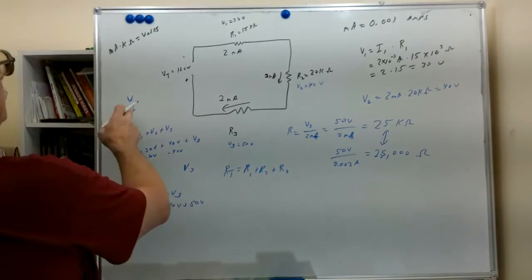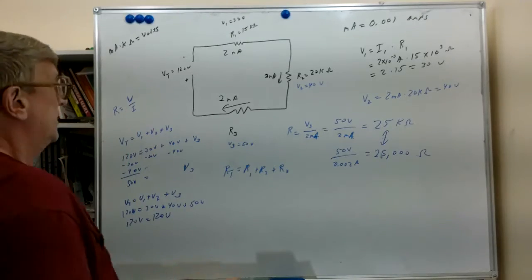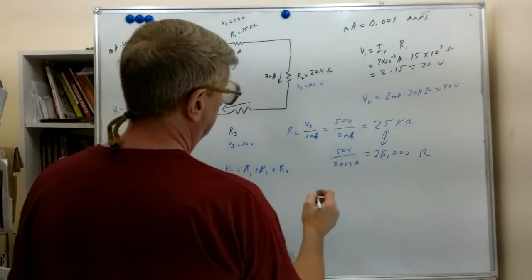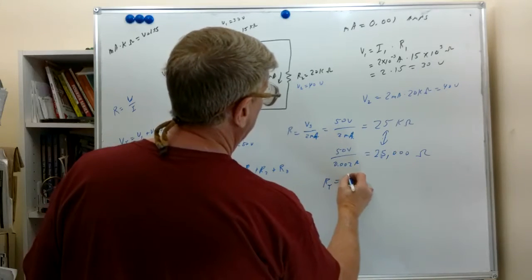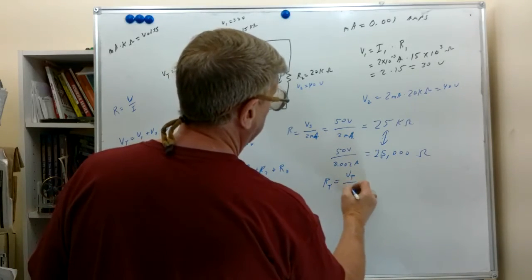because we have resistance equals voltage divided by current. Well, what is our voltage total? Resistance total equals voltage total divided by current.